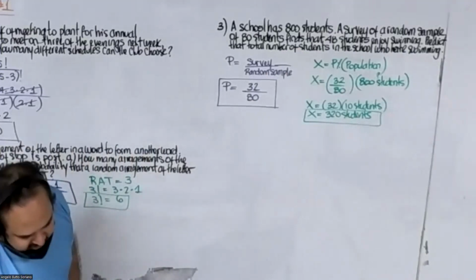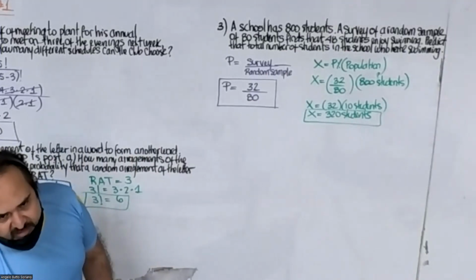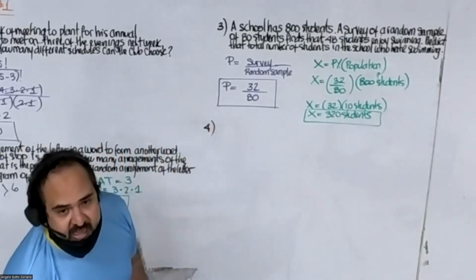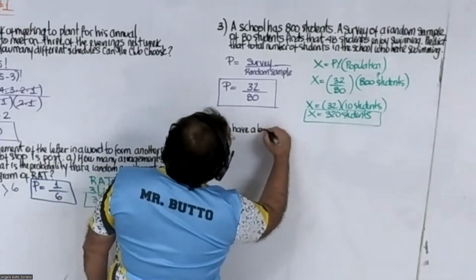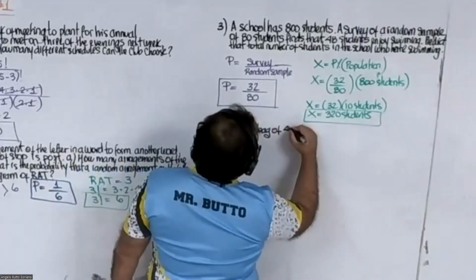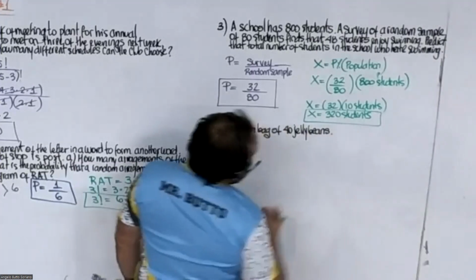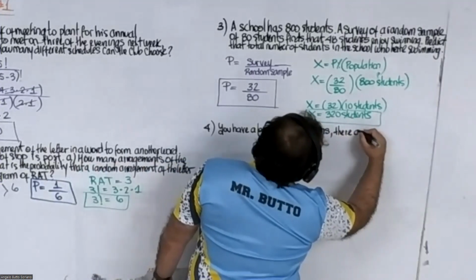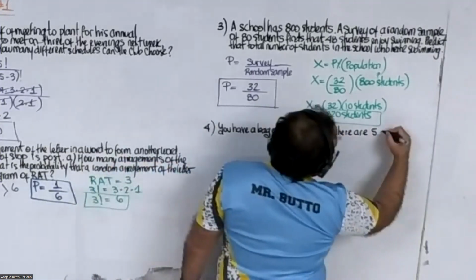Okay, and finally, problem number four. In problem number four, you have a bag of 40 jelly beans. There are 5 black jelly beans.